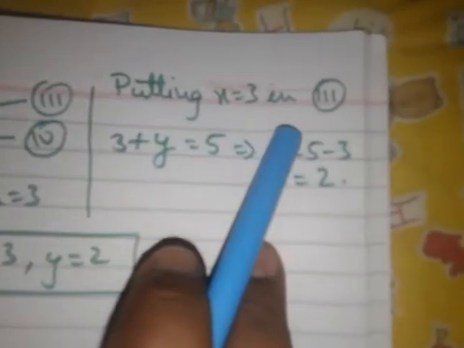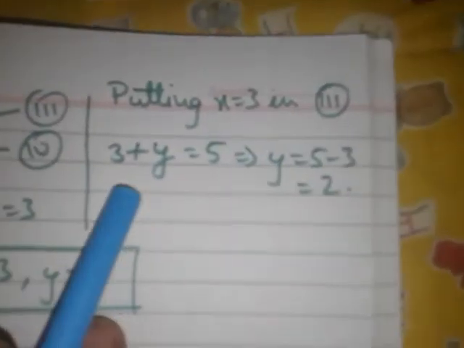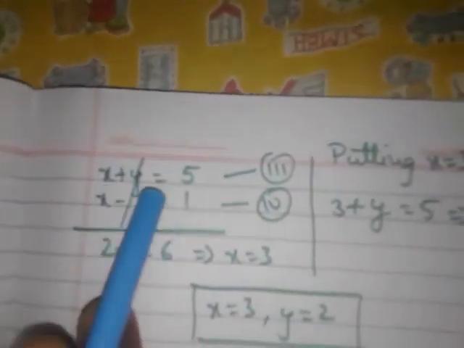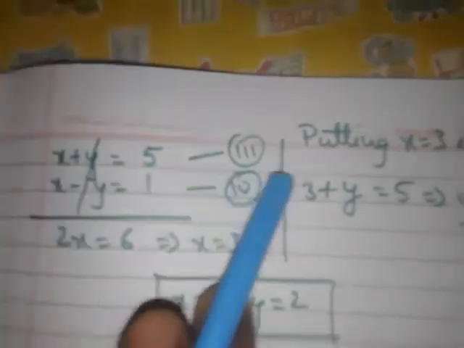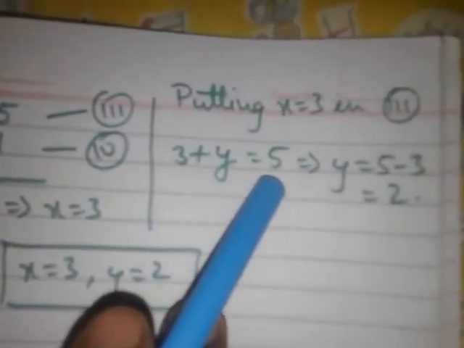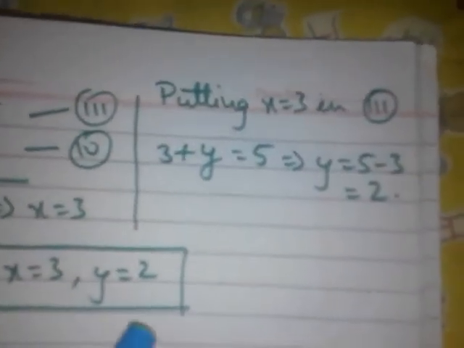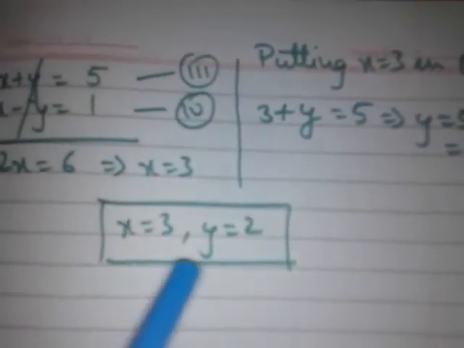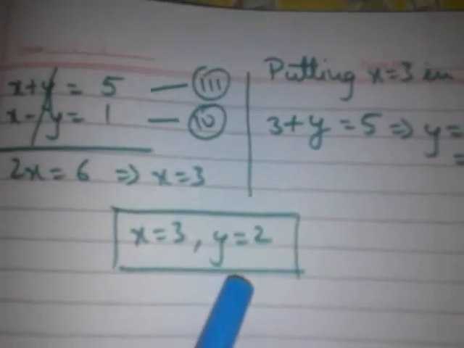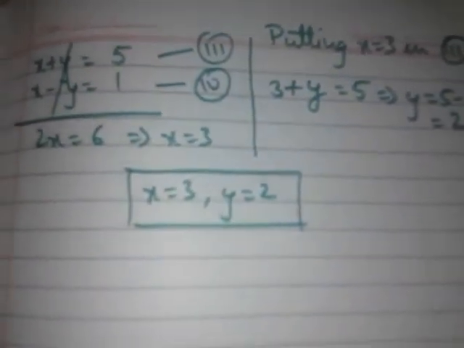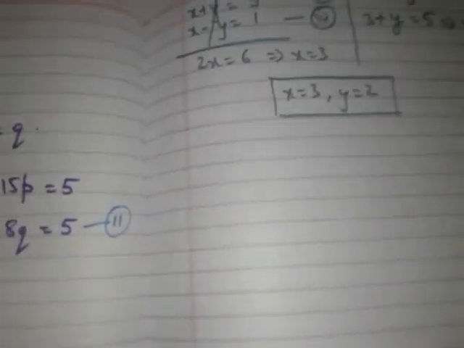Now putting x is equal to 3 in x plus y is equal to 5, we get 3 plus y is equal to 5, so y will be equal to 2. These are the values of x and y. Do you understand? We reduced the equations to a pair of linear equations and solved them.